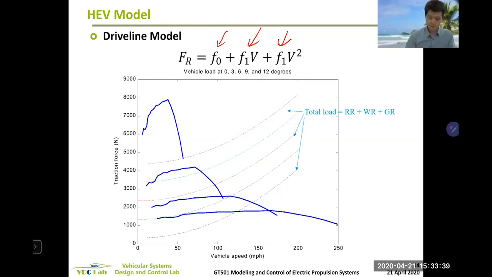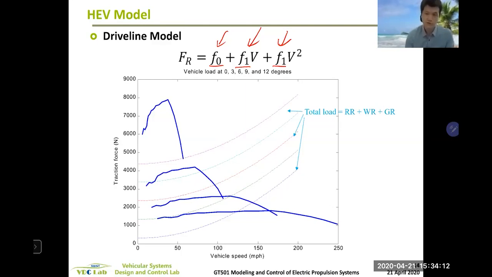Okay. So in the automotive industry, people talk about these values when they are testing road load, and when they're simulating fuel economy, they must know these values. And this depends on the target vehicle.